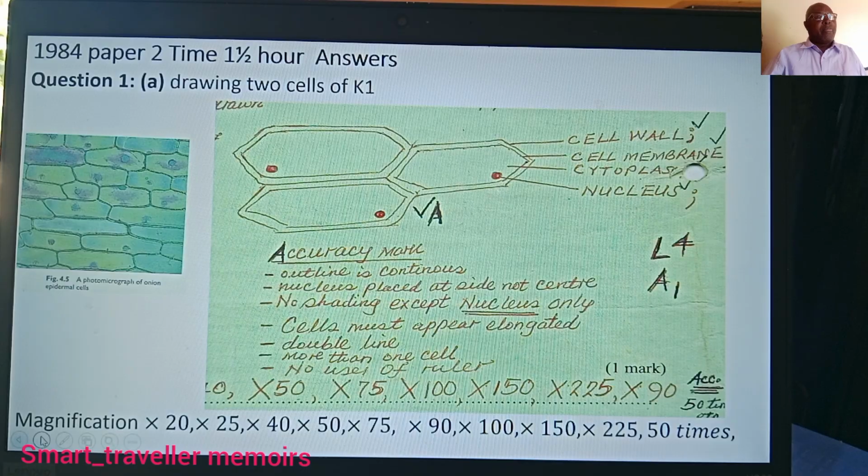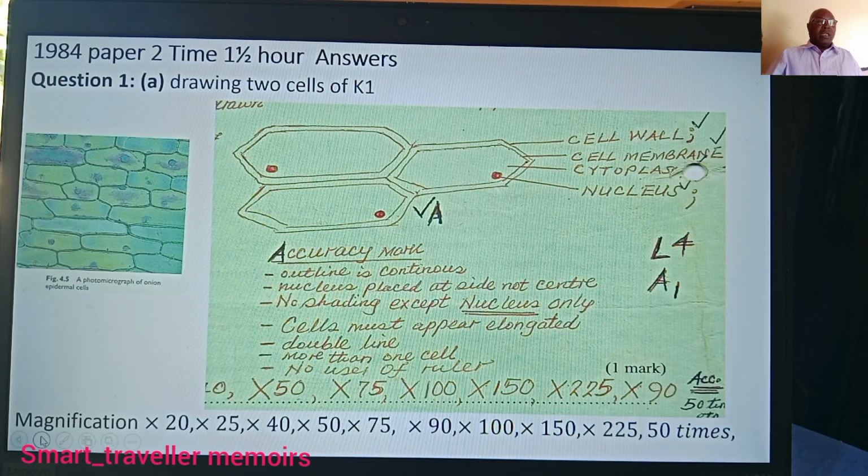So we are now looking at the answers and the way it was marked. And we start with question A, drawing two cells of K1.